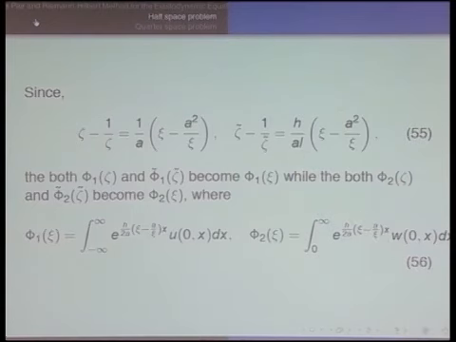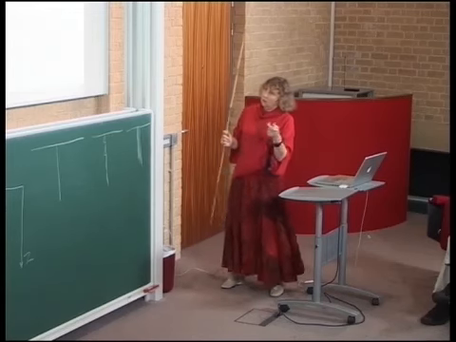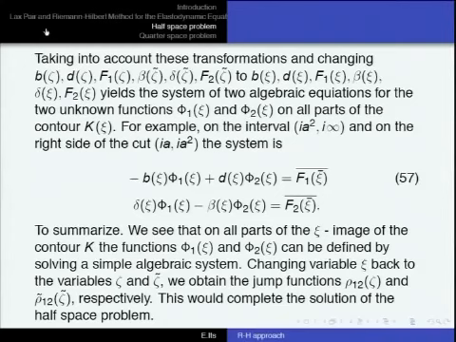So we have now two equations, and we have two unknown functions, and we could solve this system of just algebraic equations, and we could obtain the unknown functions. And then going back to the original zeta and zeta tilde plane, we could find the jump which we want for the solution, and the solution is finished.